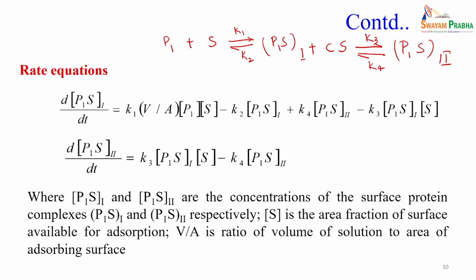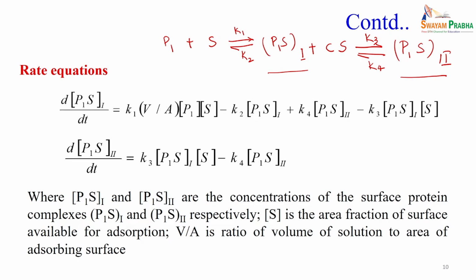So, if you solve these rate equations, we can estimate what is the concentration of P1S1 or side on orientation, and what is the amount of P1S2 end on orientation.